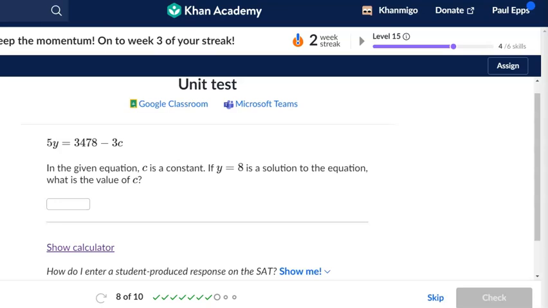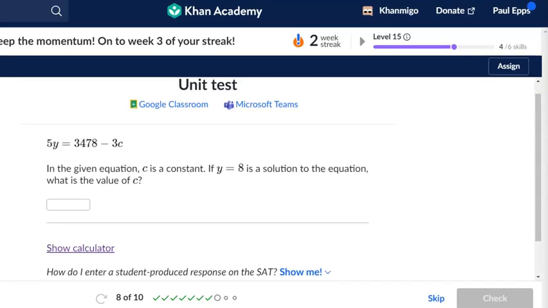Let's see, 5y equals 3478 minus 3c. In the given equation, c is a constant. If y equals 8 is a solution to the equation, what is the value of c? Okay, I wonder if there are different ways of writing this. So we need to just isolate c on one side of the equation.